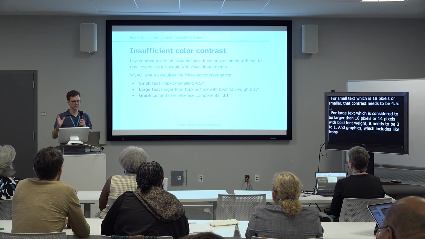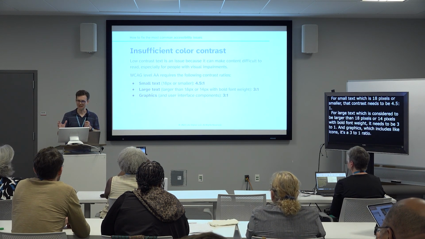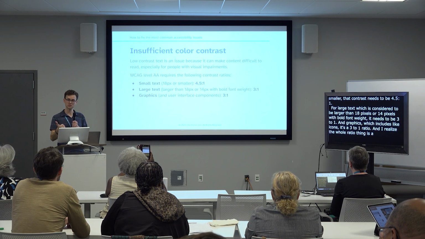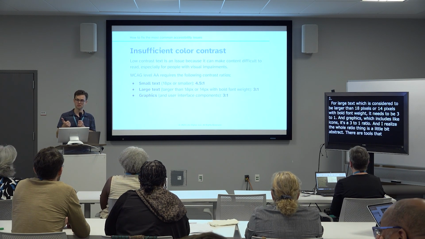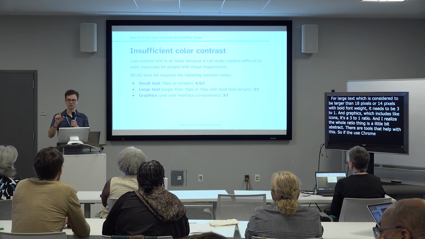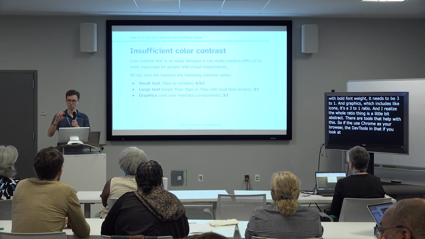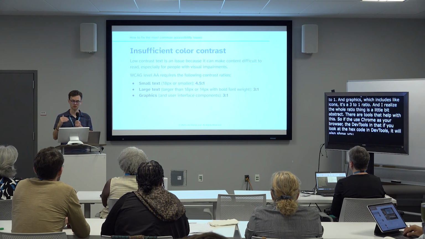And ratios, I realize that the whole ratio thing is a little bit abstract. There are tools that help with this. If you use Chrome as your browser, the dev tools have, if you look at the hex code in dev tools and click on the color picker, it will show you the color contrast.